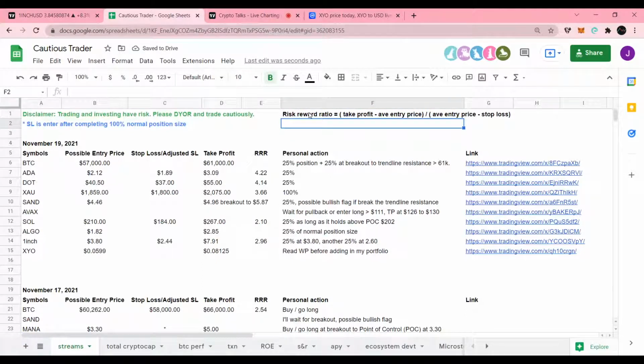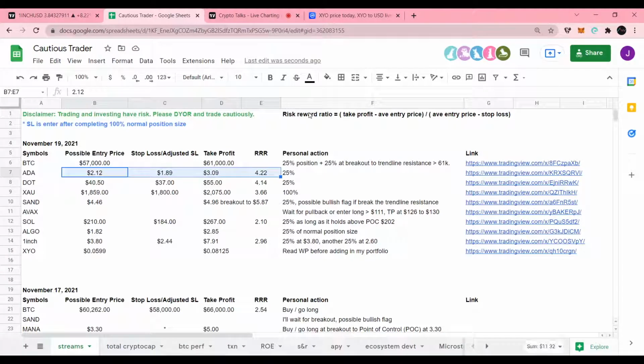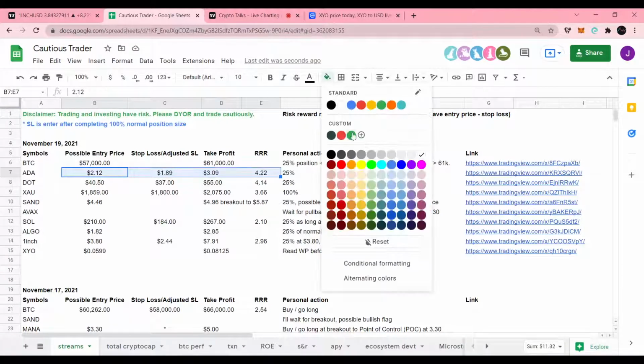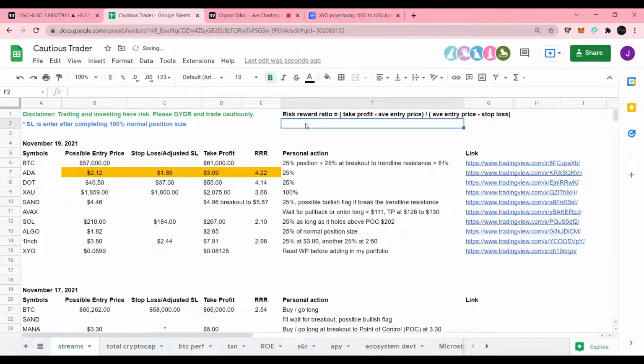So yeah, let's say for example this one. Let's take this one as an example here. So the risk reward ratio is this 3.09 less the entry price divided by our entry price less stop loss. So which is 4.22. Have you seen it?